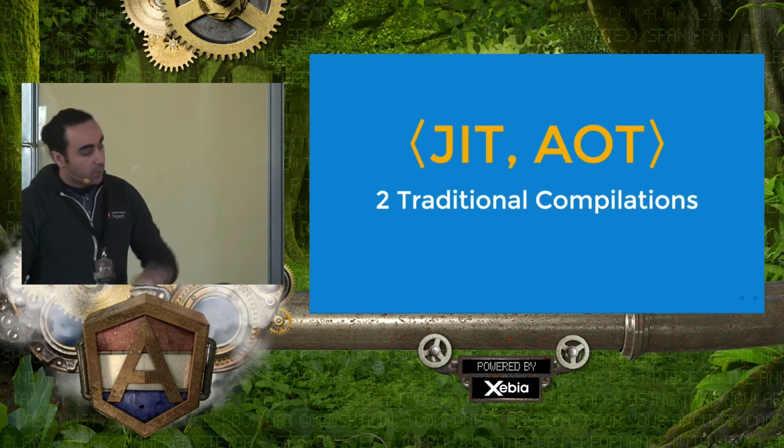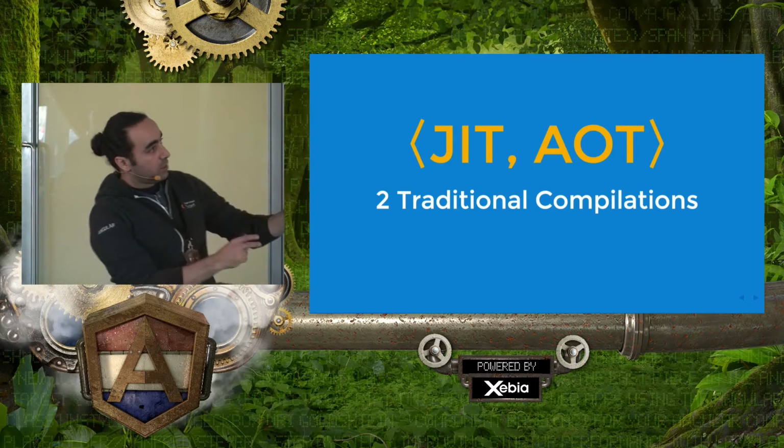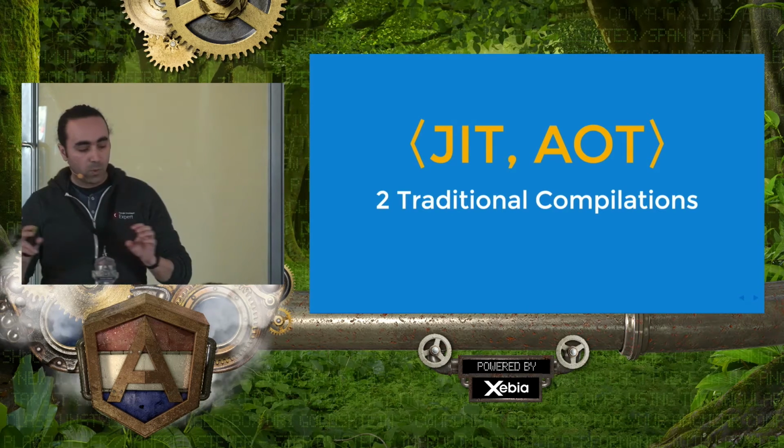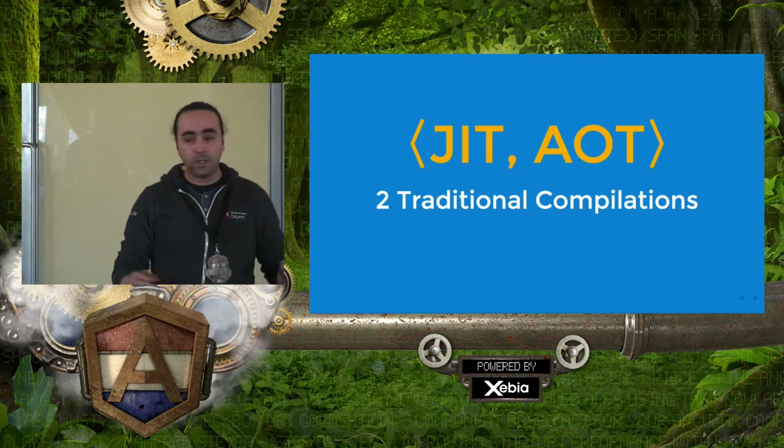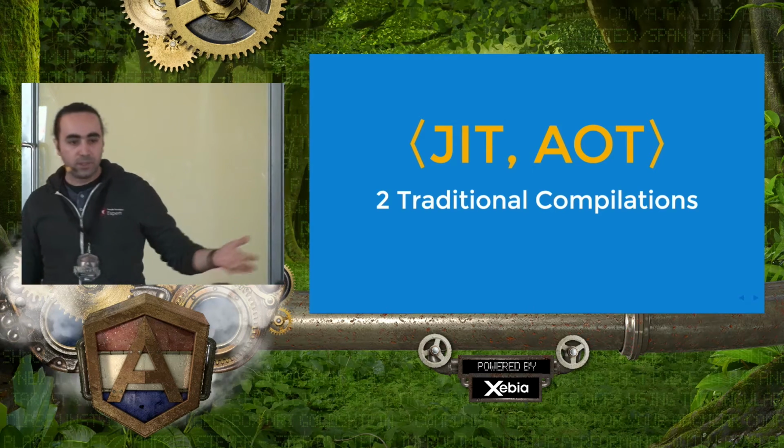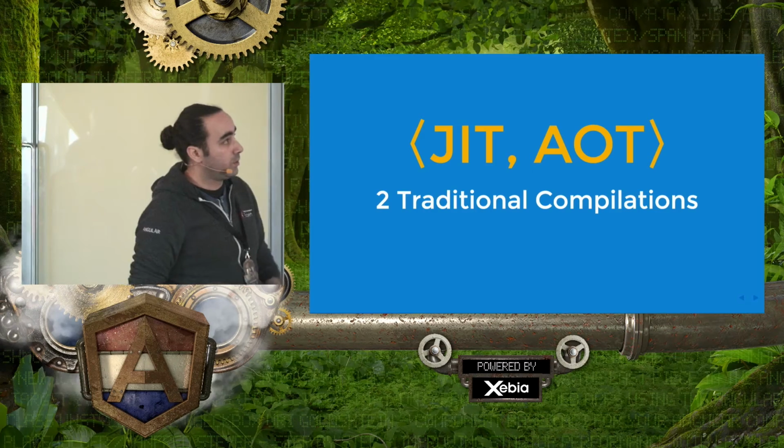For this talk, we are going to focus on JIT and AOT, which, by the way, you can find in other languages like Java or C or C++. This is nothing new in Angular.